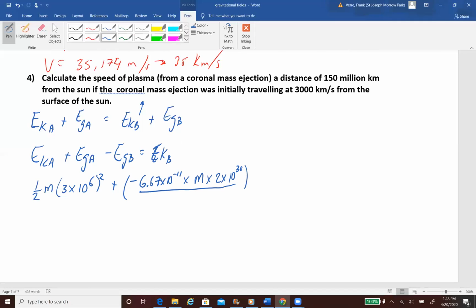So the surface of the sun has a radius of about 6.96 times 10 to the 8 meters, okay?